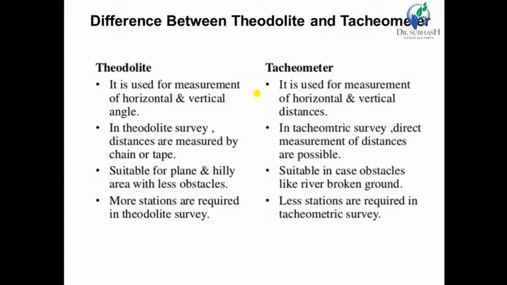More stations are required in theodolite survey, but in the case of tachyometer, we do not have to get the traverse reading or different types of angular reading. We only want to get the distance and elevation, so the stations are fewer.